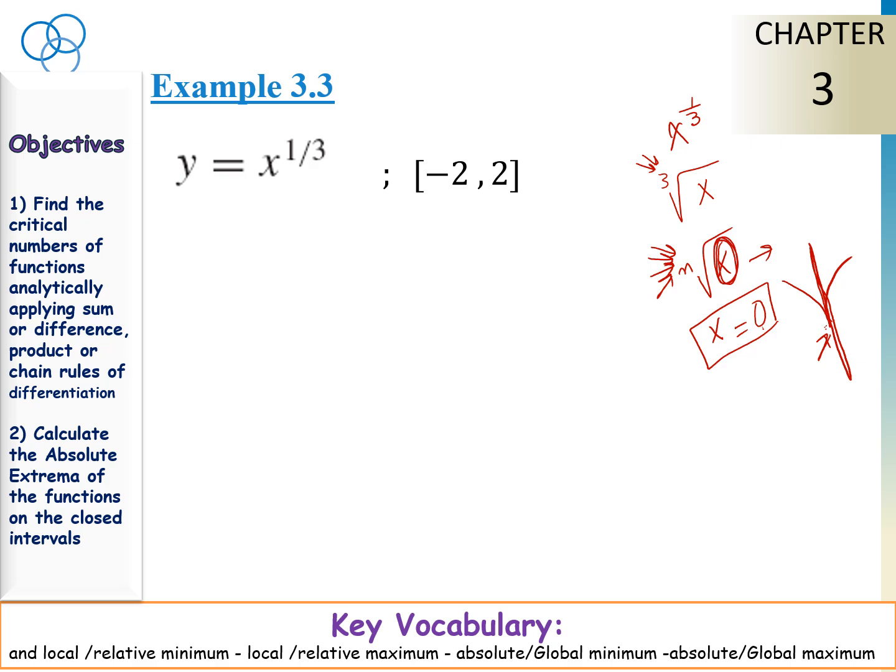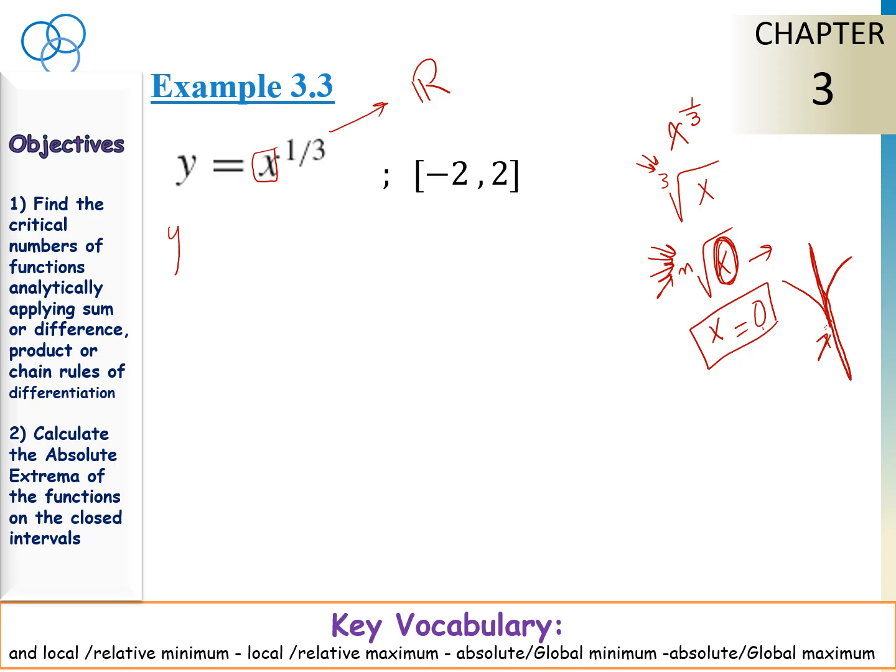Now how to find this point? When you take the domain of the function, the domain is all real numbers because there is nothing in the denominator. Whatever number you substitute in place of x, you will get an answer. None of the numbers makes this function undefined.